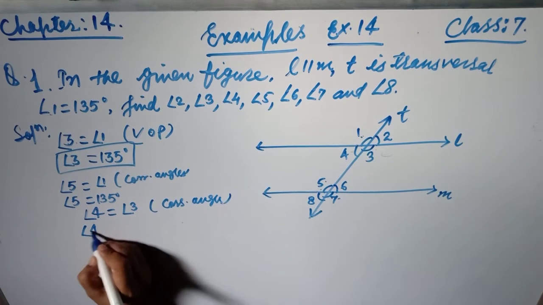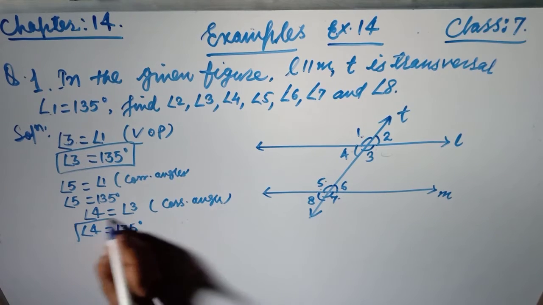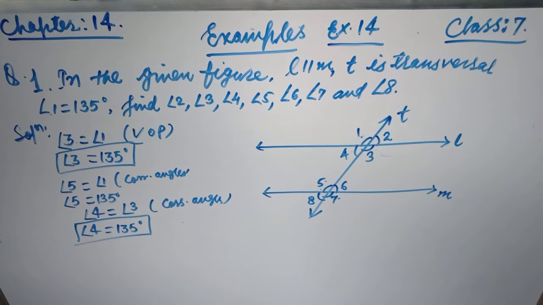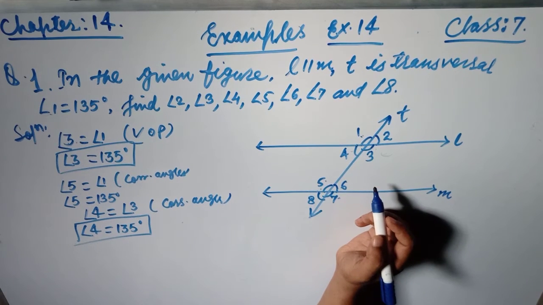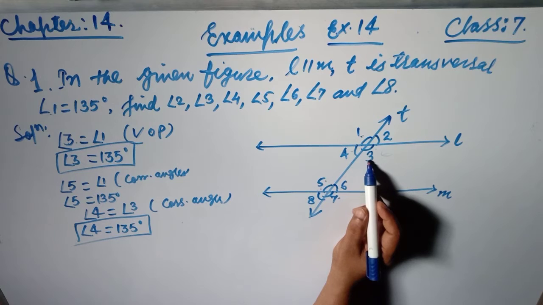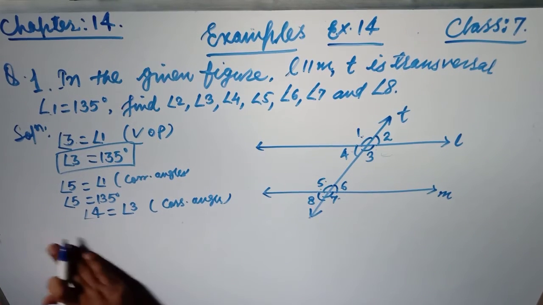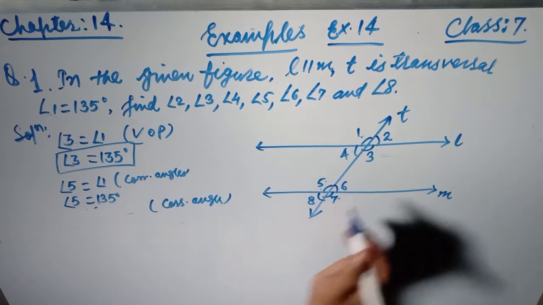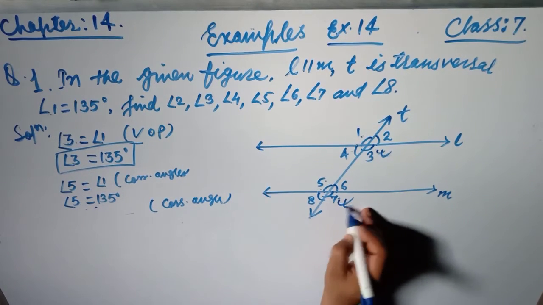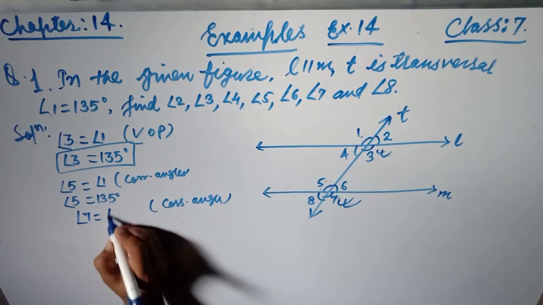Now angle 4 as it is, angle 3 is 135 that we have found. So angle 4 is equal to 135. Now similarly friends, look at this angle 3 and this angle 7, sorry, angle 7 is equal to angle 3.